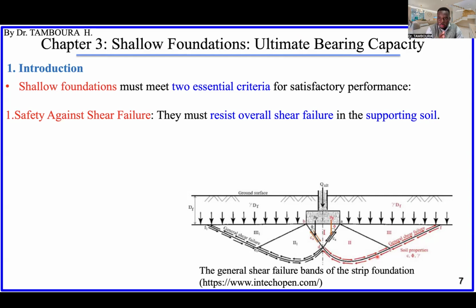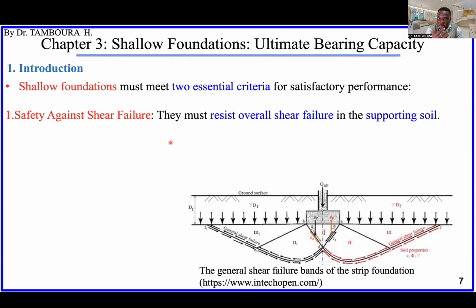Ground can resist compression very well. Traction maybe not, but the main failure of a footing or foundation is through shearing. So that's why the first criterion that a shallow foundation should meet is safety against shear failure.